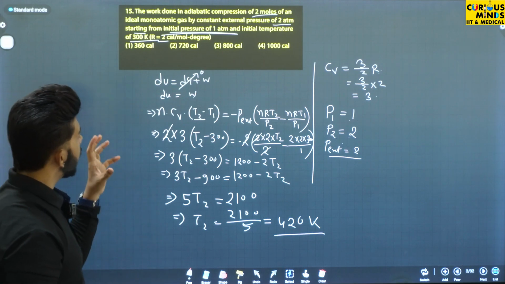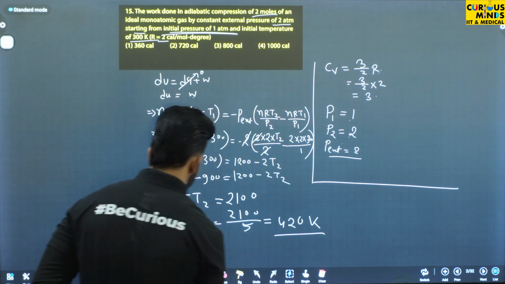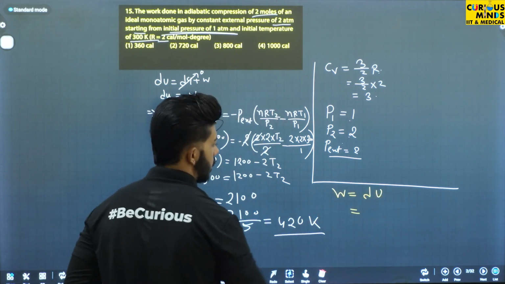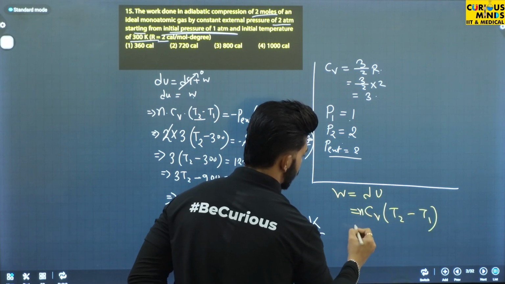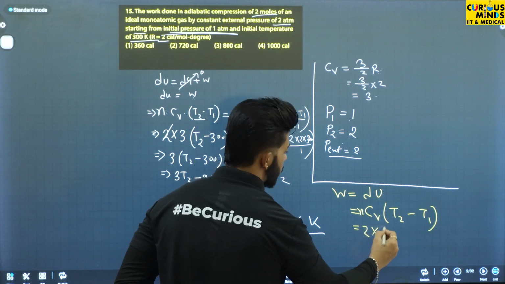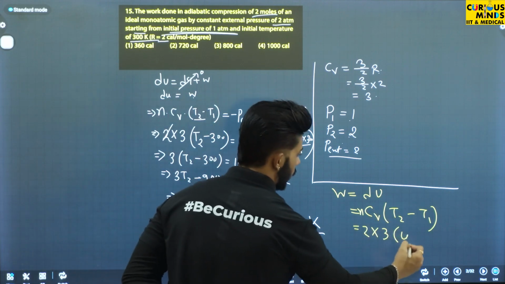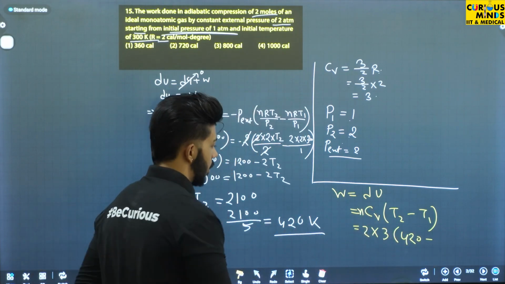Now what is asked? Find the work done. So the work done W is equal to nothing but dU, right? And dU is nCV (T2 minus T1). n is given, which is 2 moles. CV is given, which is 3. T2 now we got, it is 420. So from this formula we can also solve it.